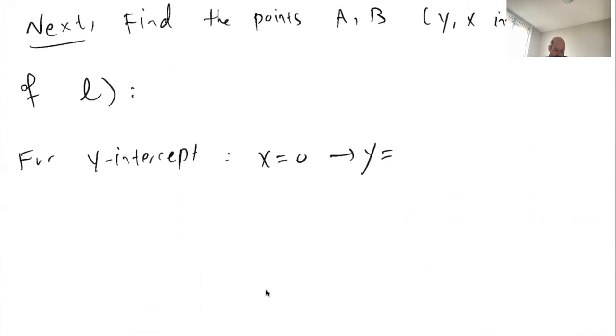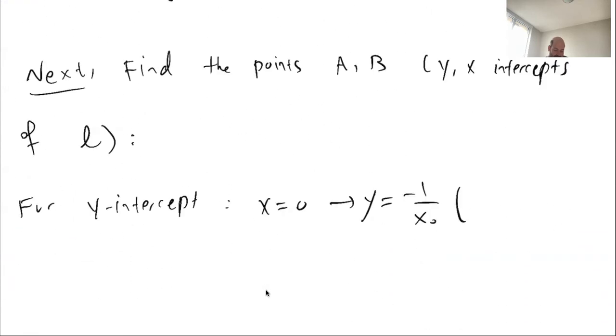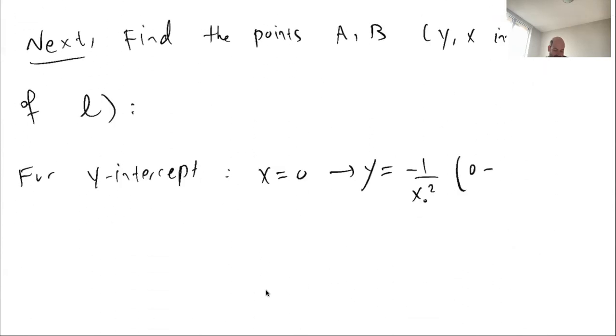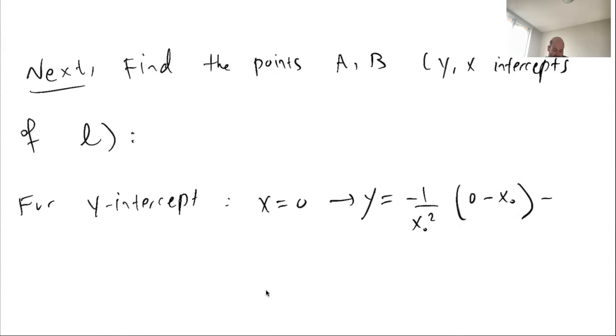Then I get minus 1 over x0 squared times zero minus x0, and then plus 1 over x0.